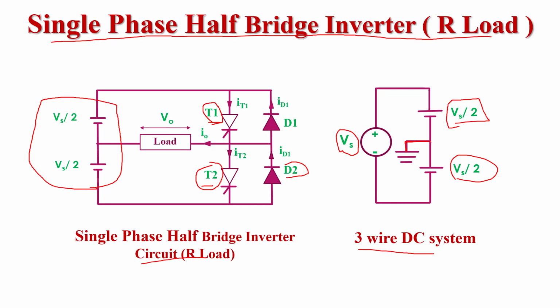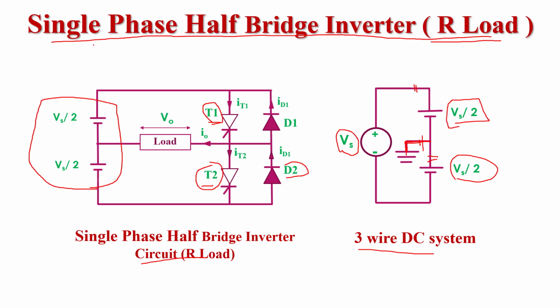So from the center of the wire, we connect a neutral wire that will create a balanced output, that is Vs by 2 and Vs by 2. And why is this called a 3-wire DC system? Because this is the first wire of the system, this is the second wire, and this is the third wire. And these 3 wires create a balanced DC output voltage.